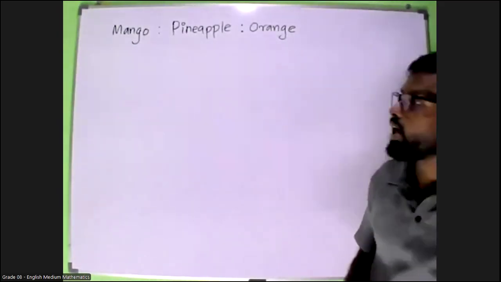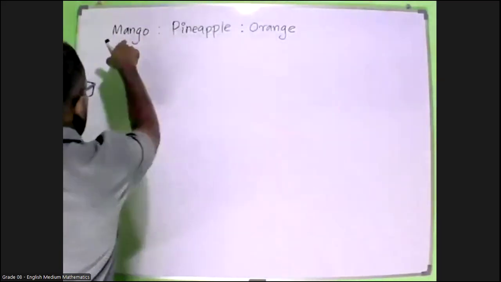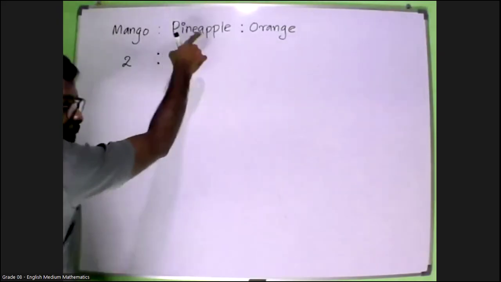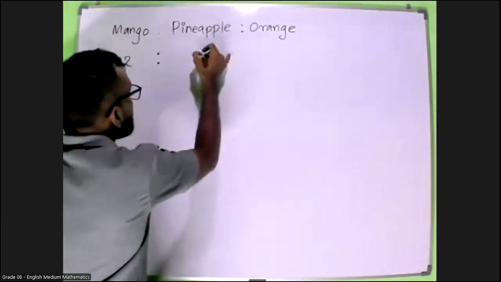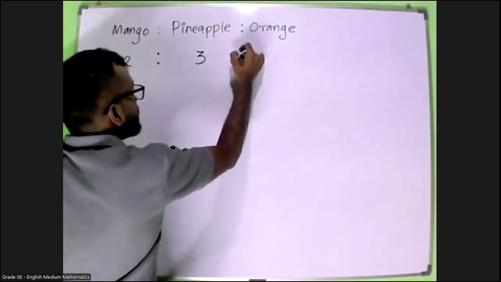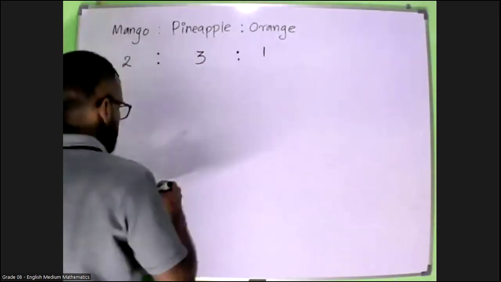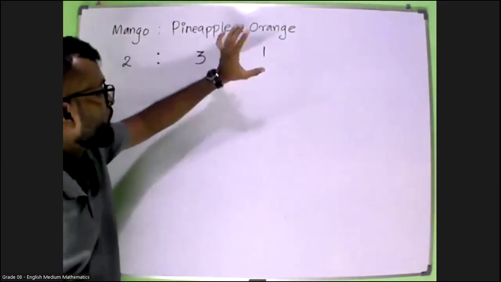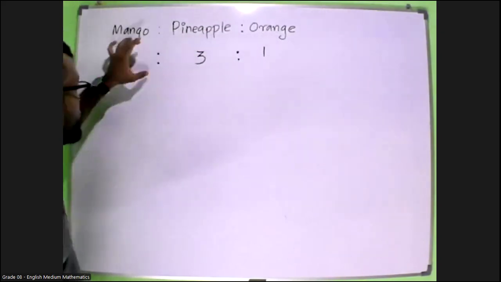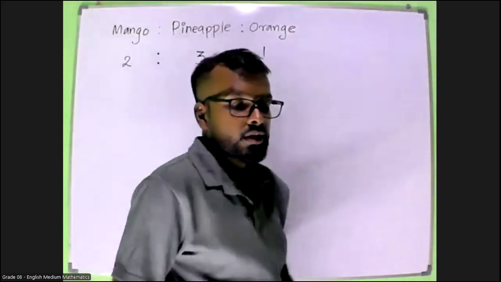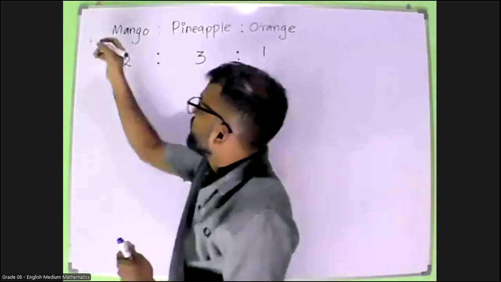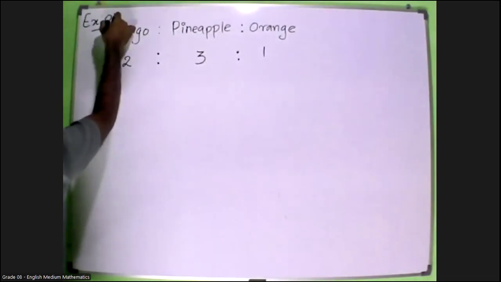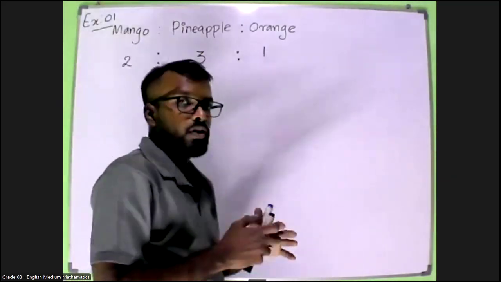In the question, they have given mango 2, pineapple 3, orange 1. Mango to pineapple to orange is 2 to 3 to 1. So when you are going for solving these kinds of questions, right?